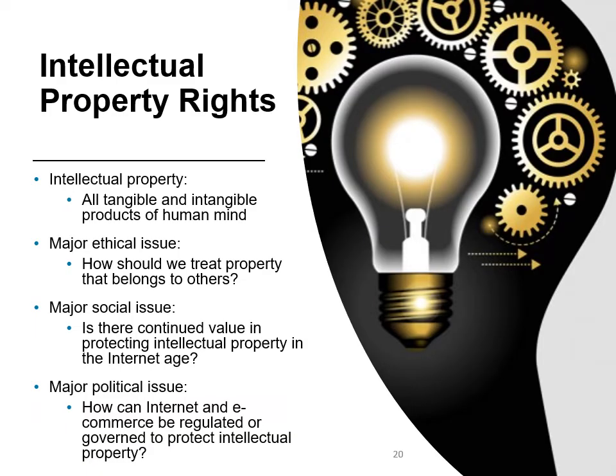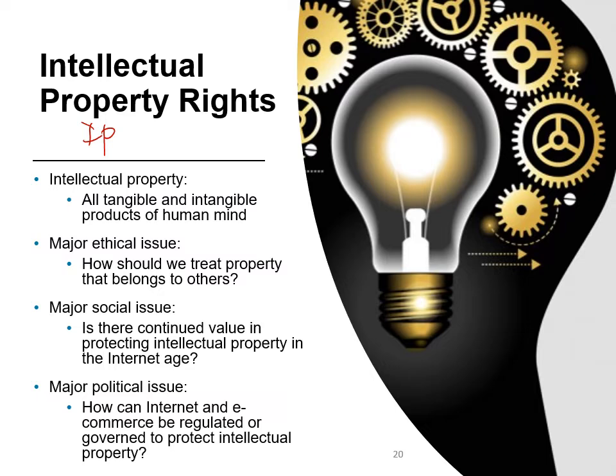Okay, so now we talk about intellectual property rights. What does it mean by intellectual property rights? Intellectual property itself, IP, is the product, is the property, right? Not just a product, but of course it can be an intangible product, something like books, songs, content, or physical products.